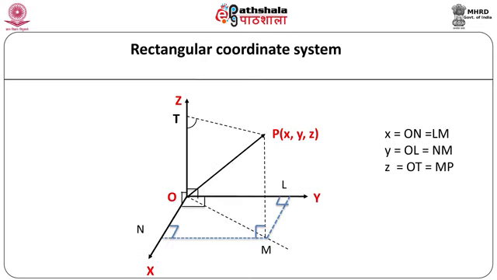Draw lines Pn, Pl and Pt from P perpendicular to the lines OX, OY and OZ respectively. Then the distances OX equal to x, OY equal to y, OZ equal to z represent the coordinates of the point P in this system. Note that point P will be at a height Pm equal to z from the xy plane.